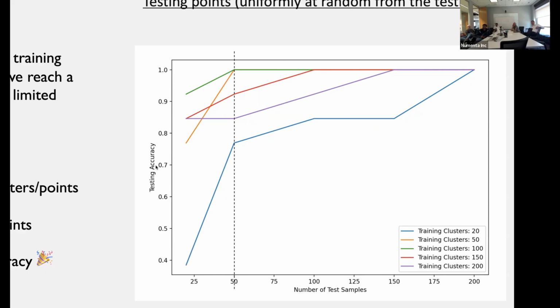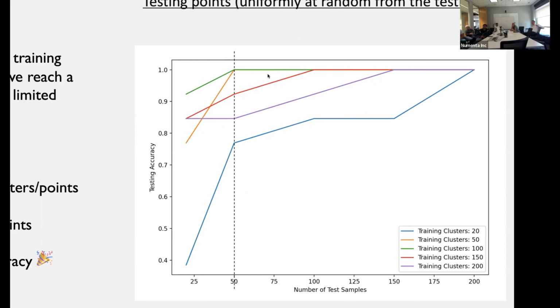The testing accuracy is on the y-axis and the number of test samples that I'm using is on the x-axis. If you look at the orange and the green lines, which describe 50 and 100 training clusters respectively, the green line is up here and the orange line is right below it. After about 50 testing samples, it reaches 100% accuracy, no matter how many testing samples I use after that.